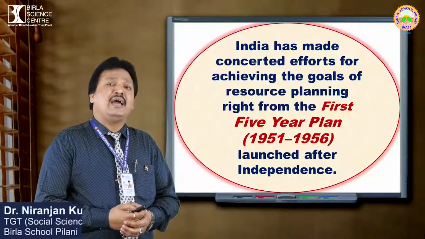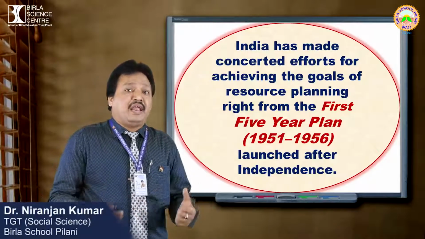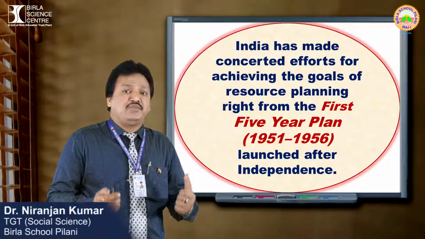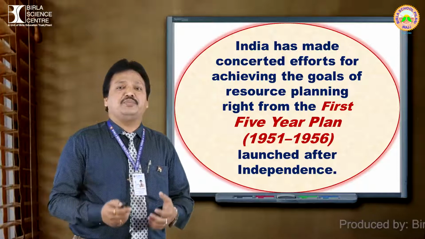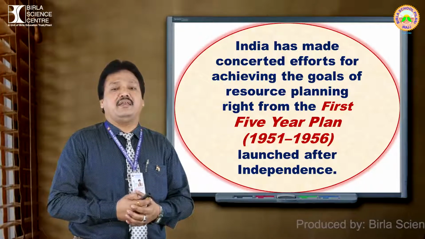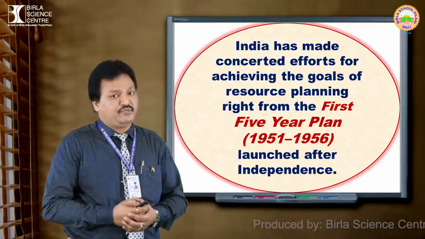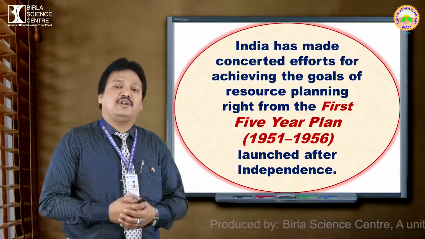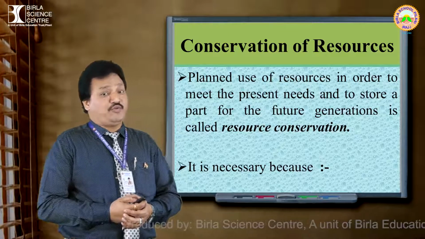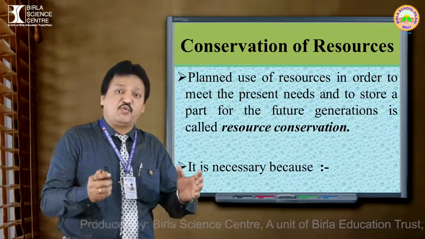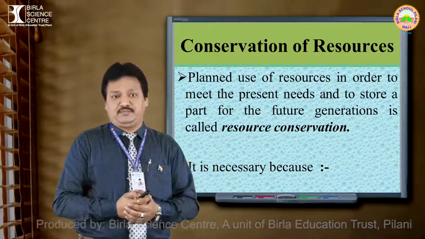Now, India has made concerted efforts towards achieving the goals of resource planning right from the first Five-Year Plan, 1951 to 56, launched after independence. Now, conservation of resources. First, we should know what conservation of resources is.